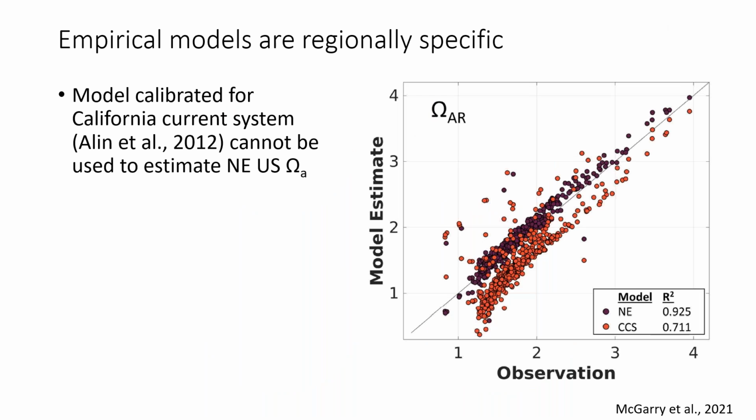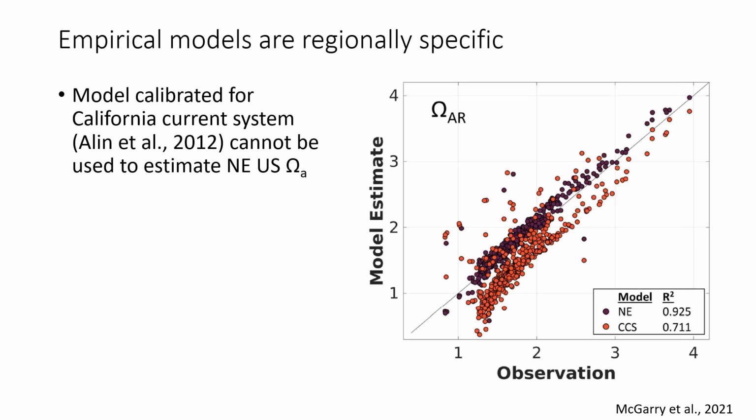These equations that we developed should reflect the processes specifically important to this region. And to test that, we calculated estimates of aragonite saturation state for the northeastern US using a model that was calibrated for the California current system.